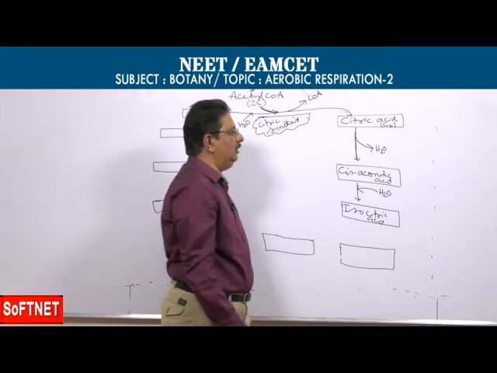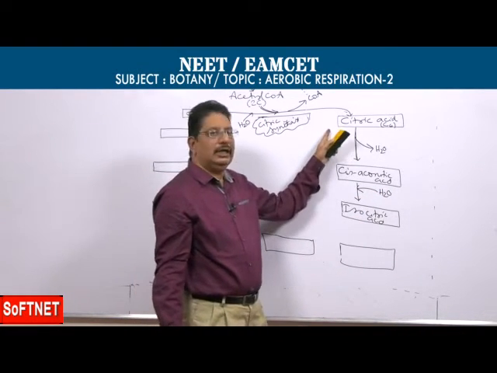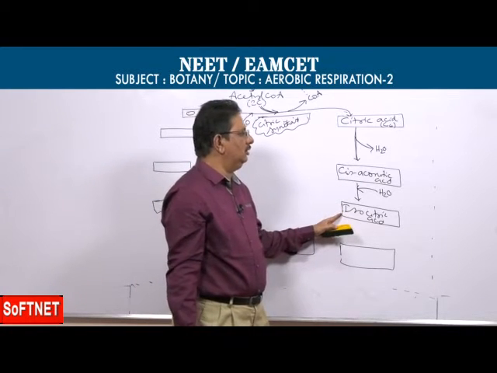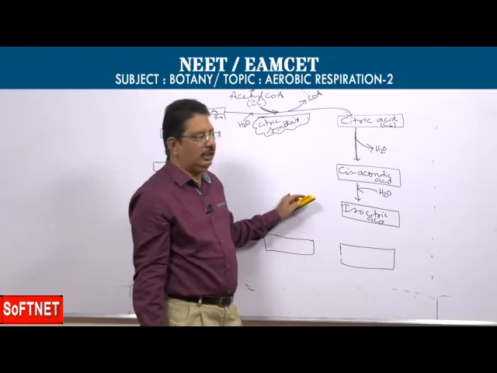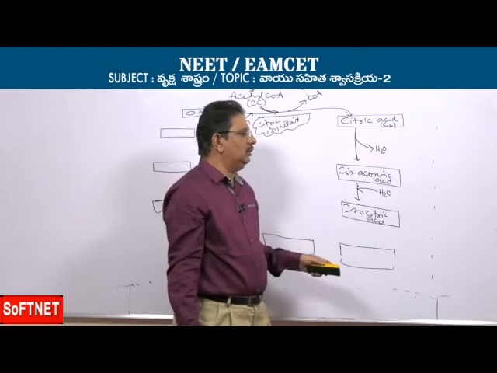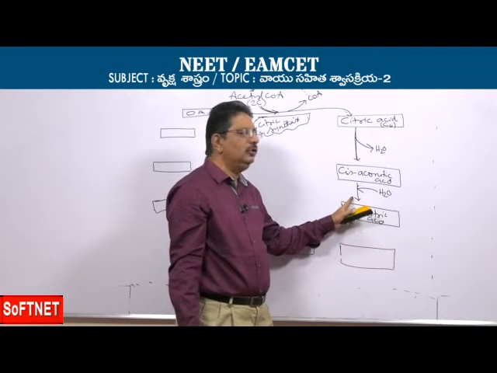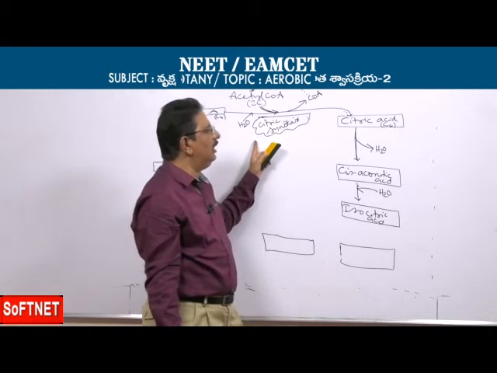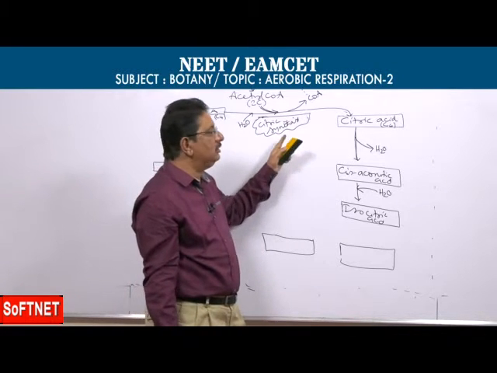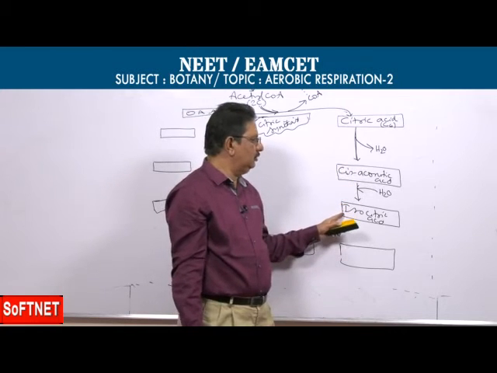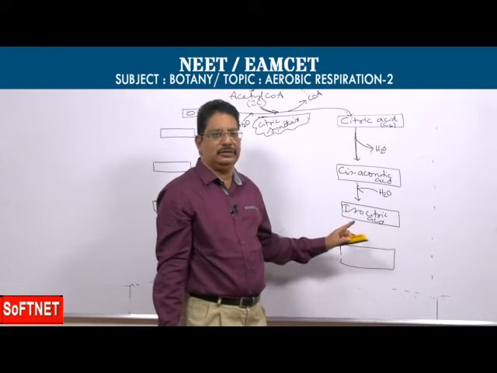So chemically, that citric acid into isocitric acid conversion we consider as isomerization, where there is a removal of water and immediately addition of water. So citric acid, the product of the first reaction of the TCA cycle, is now isomerized into isocitric acid.